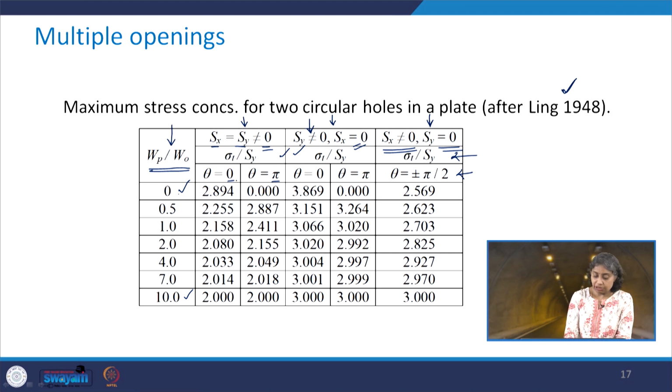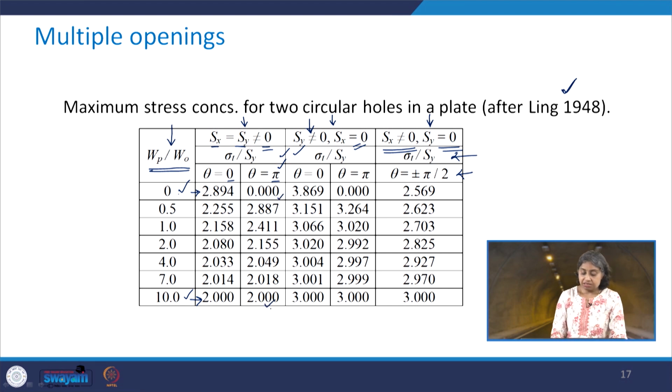At theta equal to 0 for the first situation, biaxial state of stress, this varies from 2.894 to 2, and at 180 degree it varies from 0 to 2.